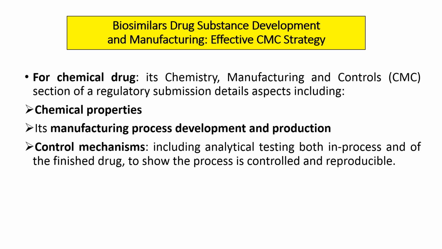For any chemical drug, its CMC section contains detailed aspects about that drug, including its chemical properties, its manufacturing process, how we can do development for this drug and the process for production, and also the control mechanism, including mainly the analytical testing that occurs in both the process and the finished drug.